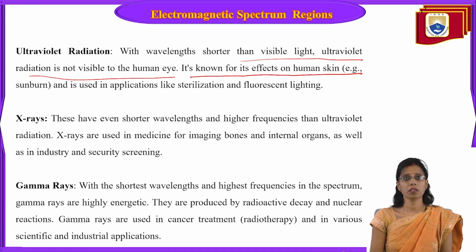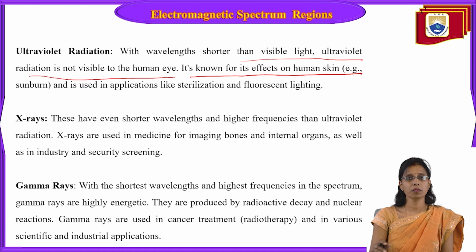In this region the radiation is largely absorbed, and sunburn happens due to this ultraviolet radiation when it reaches the ground. When ultraviolet radiation passes through the atmosphere, it creates a very big problem for human skin.